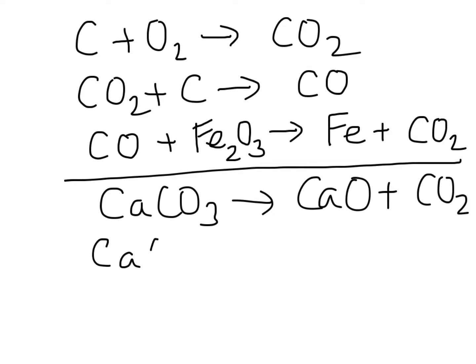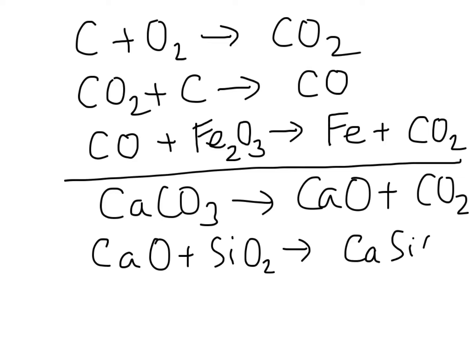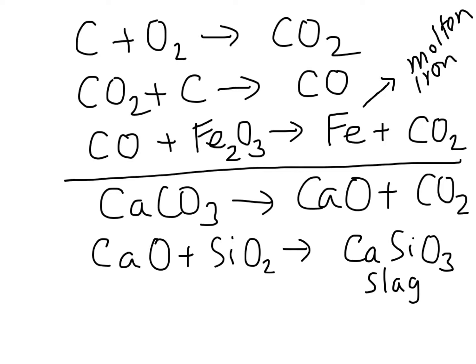So calcium oxide plus silicon dioxide giving calcium silicate. And we know this is the molten slag that we saw earlier in the previous slide, and that is the molten iron that we saw earlier in the blast furnace, and that's how it is formed. Okay, now it's a question of balancing this equation.